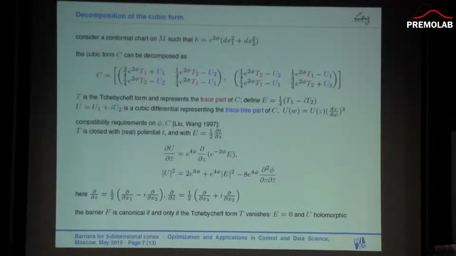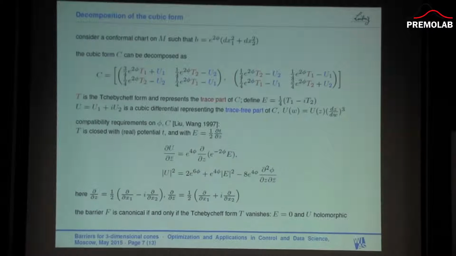And if you write this cubic form in these 4 variables instead of the usual components, and you compactify the trace-free part into this complex variable here, then you can write the compatibility requirements between the cubic form and the metric like this.